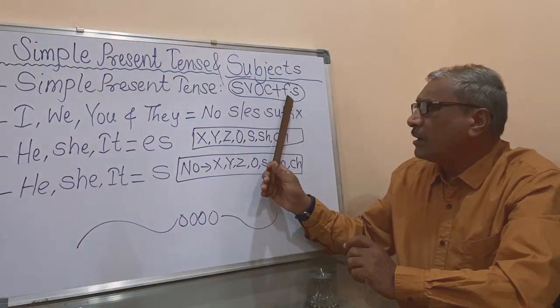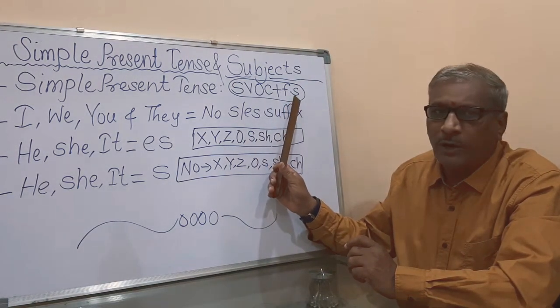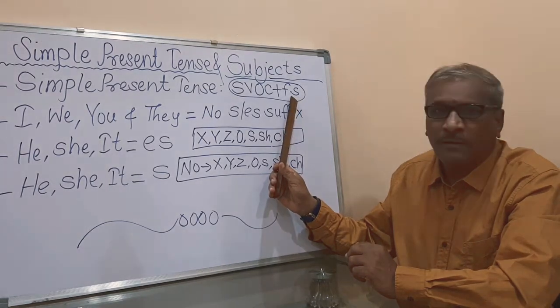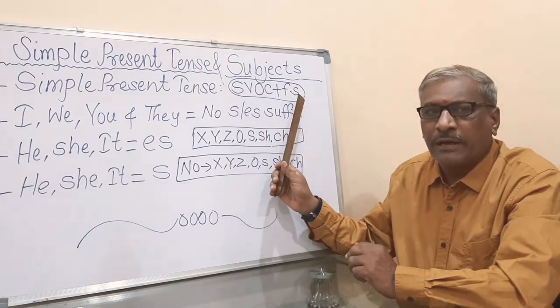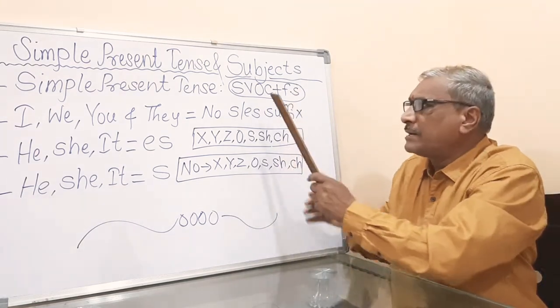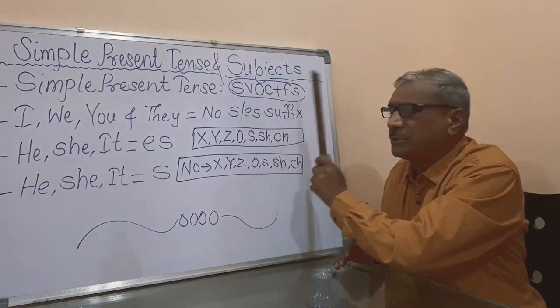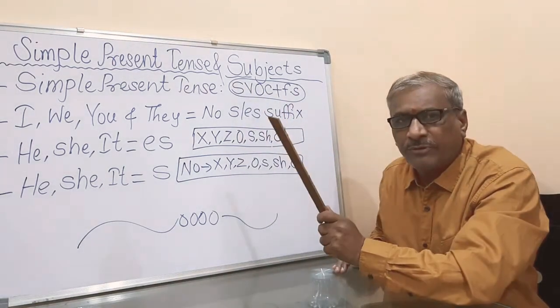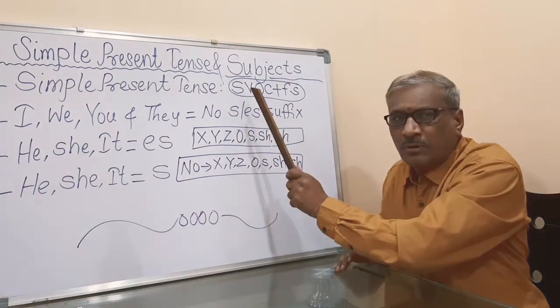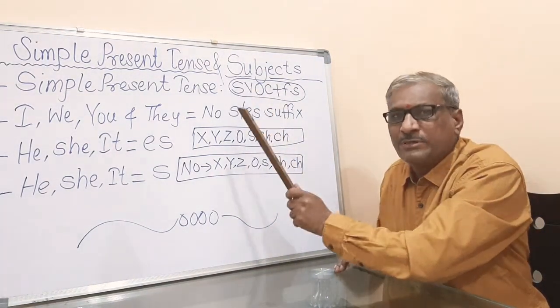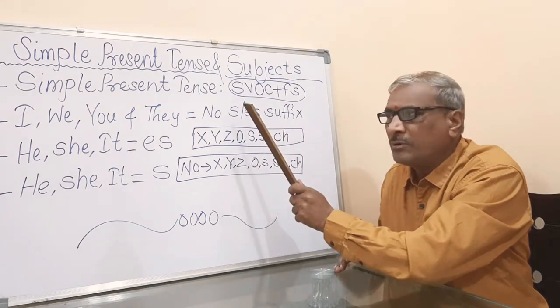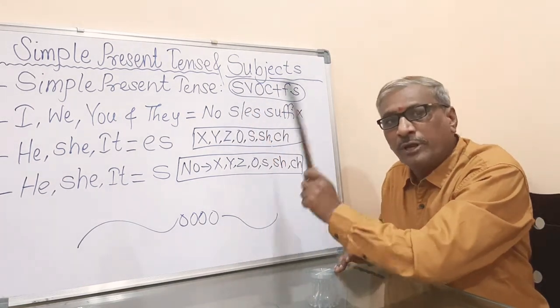Then we should give the full stop at the end of this structure, or at the end of this sentence. And this SVOC structure is spoken in positive, negative, positive interrogative and negative interrogative forms.